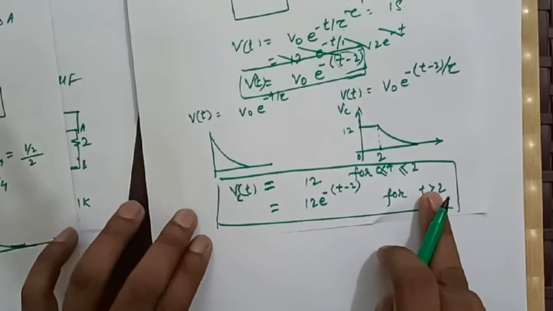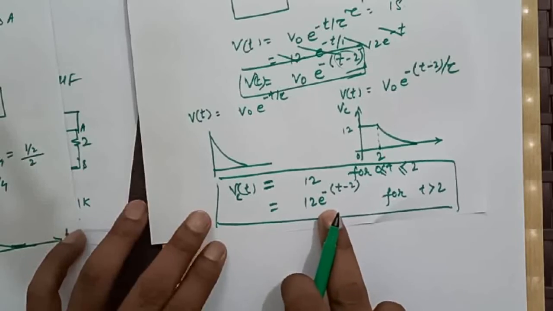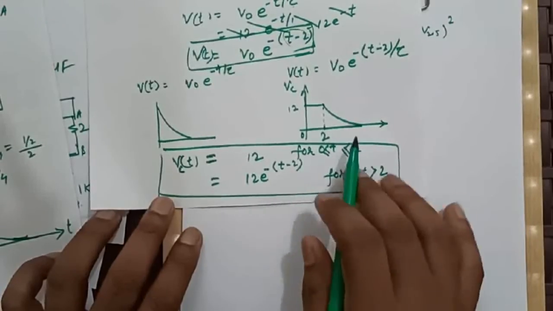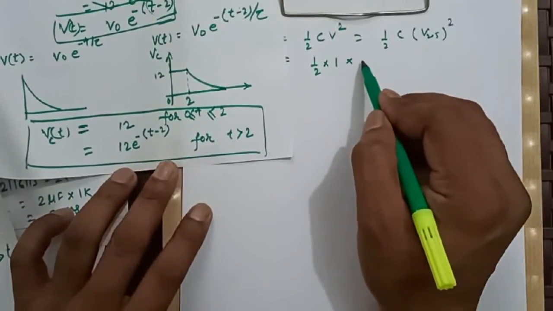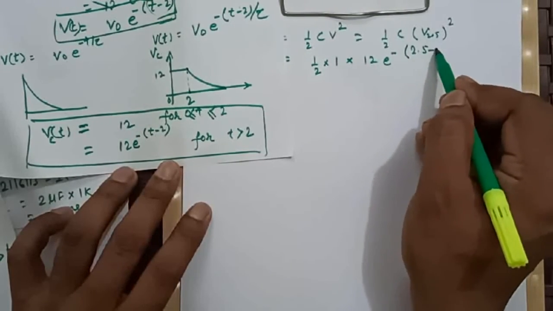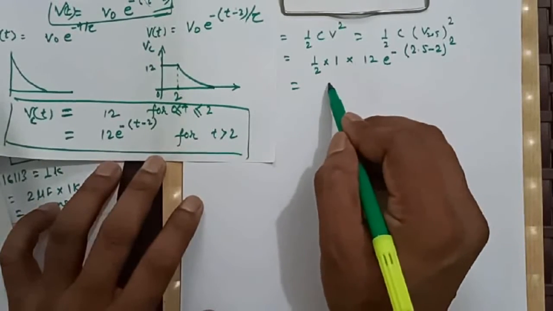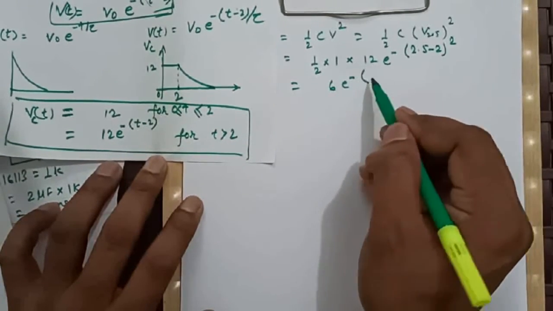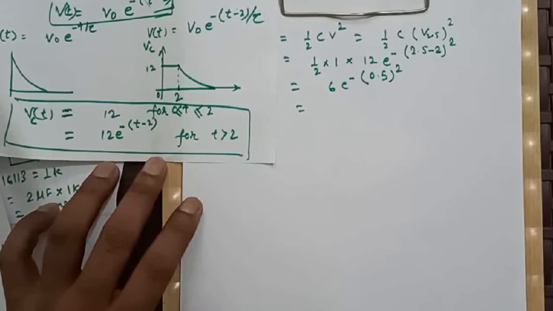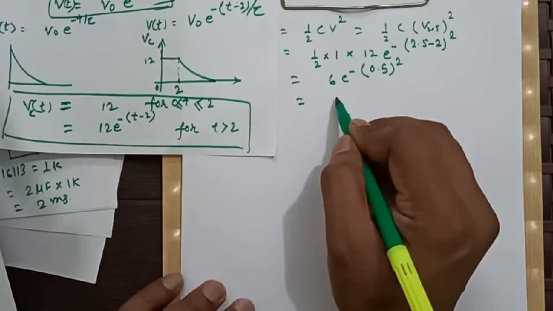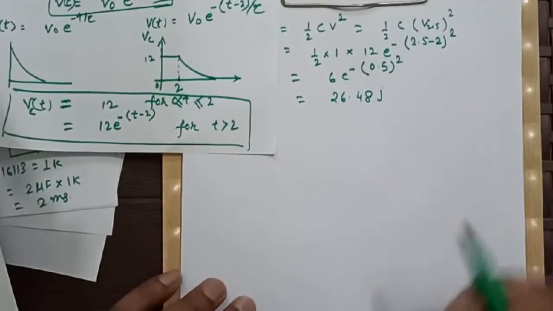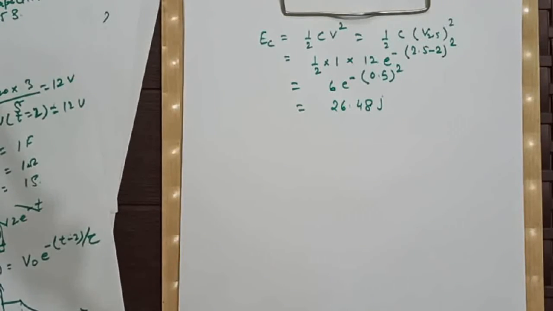For t greater than 2, our expression was 12 e to the power minus (t minus 2). Putting this value, we will have 12 e to the power minus (2.5 minus 2), squared, which is nothing but 6 e to the power minus 0.5, squared. After calculating this, we will have EC as 26.48 joule. Clear?